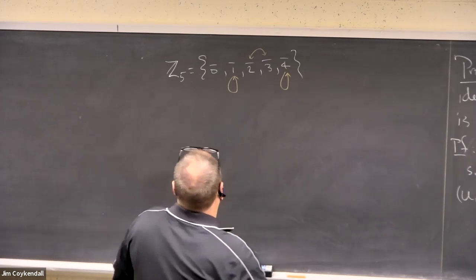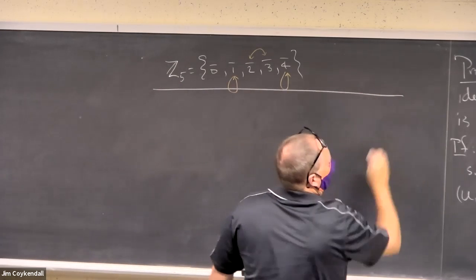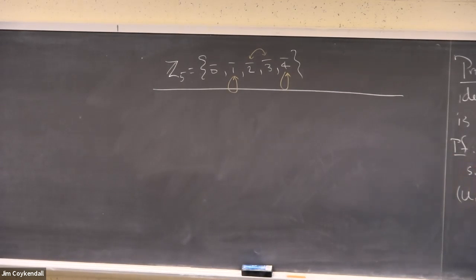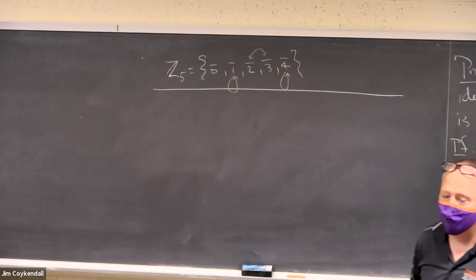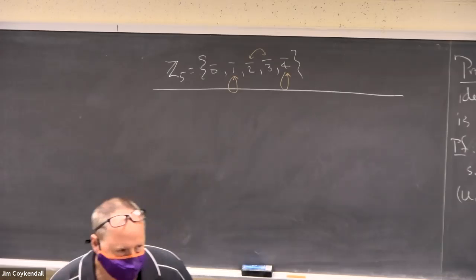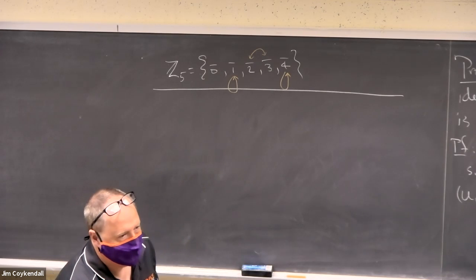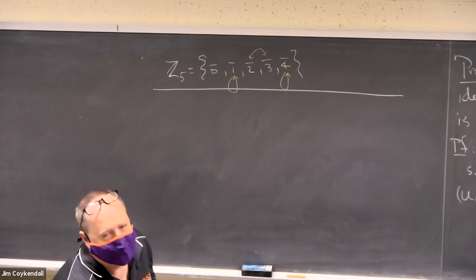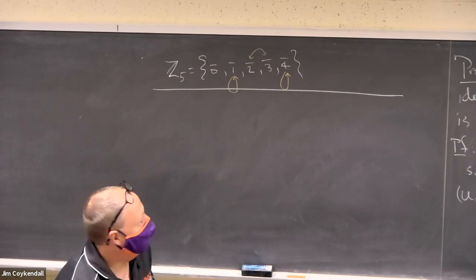Let me go one more step. So there's a bunch of fields. Can anybody give an example of a division ring that is not a field? That's a little harder, actually.